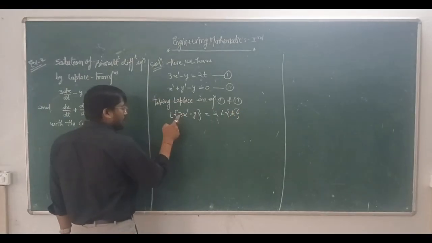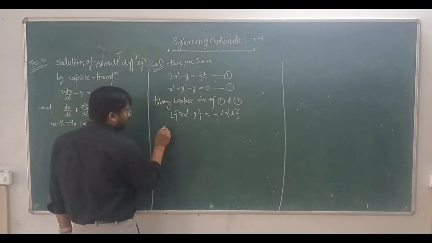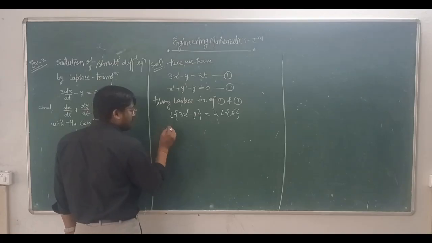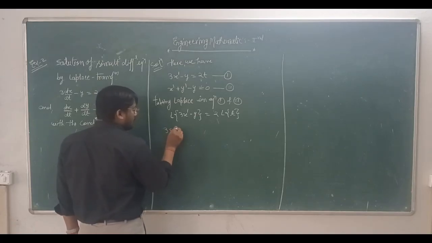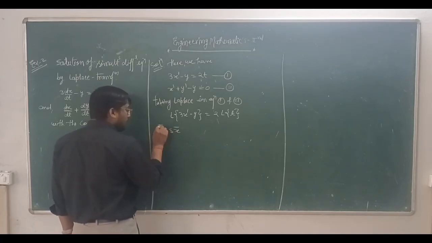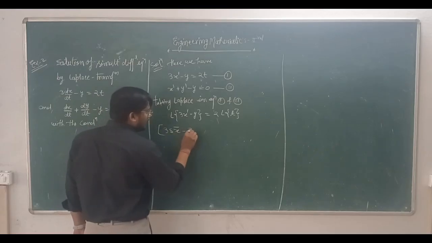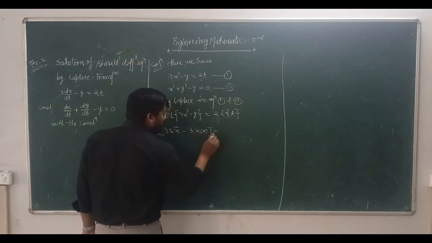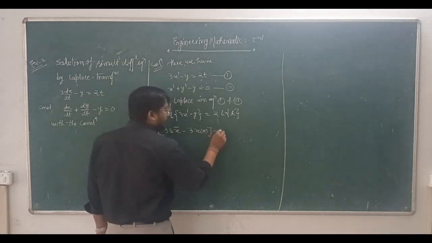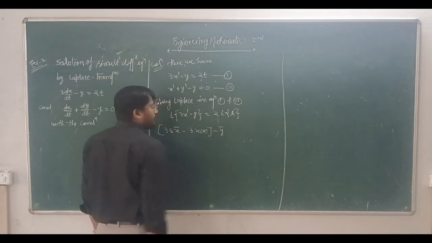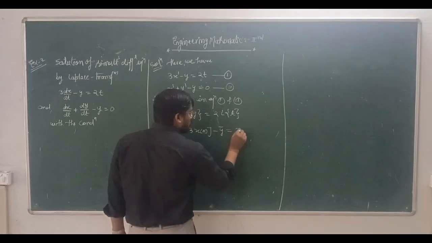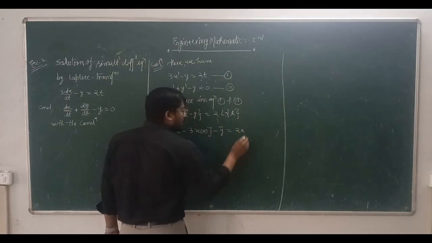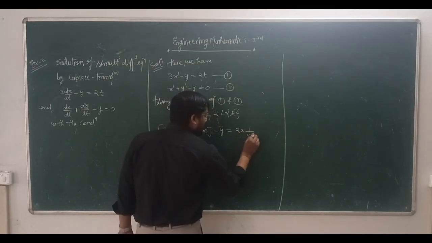Now, Laplace of x dash, this means 3s Laplace of x minus 3x0 minus Laplace of y is equal to 2 into Laplace of t is equal to 1 upon s square.